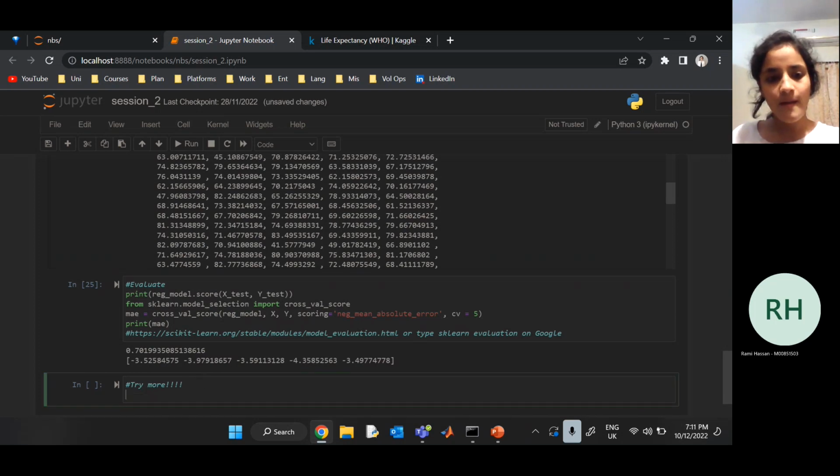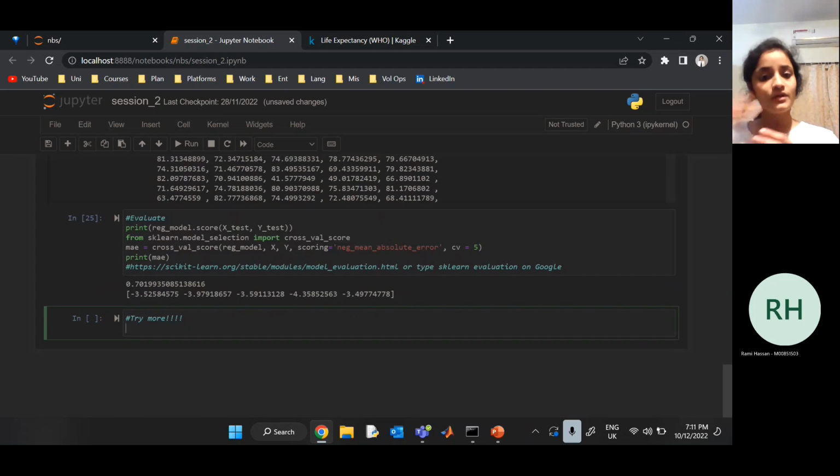I'm going to train a model multiple times and give it only one column, and then test it with a prediction. Do you get what I mean? Previously, we gave a whole data set with all columns except life expectancy and made it predict life expectancy for us, right?